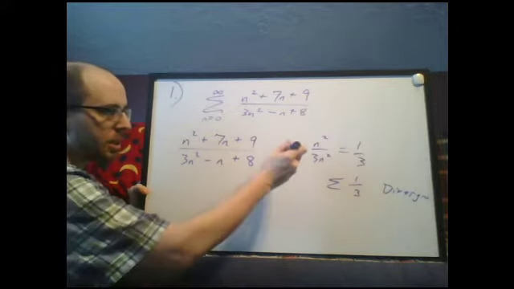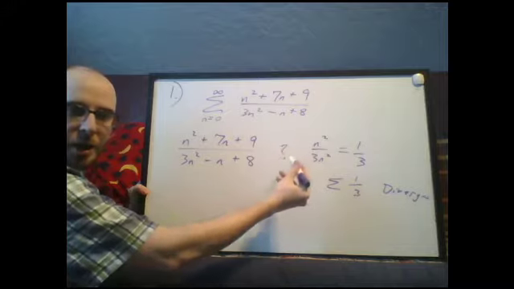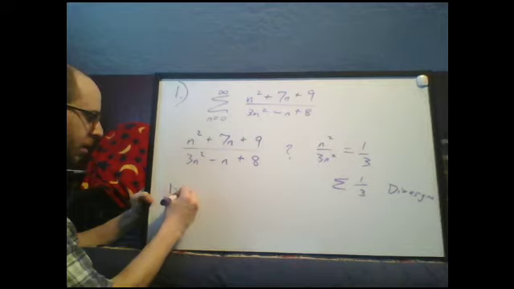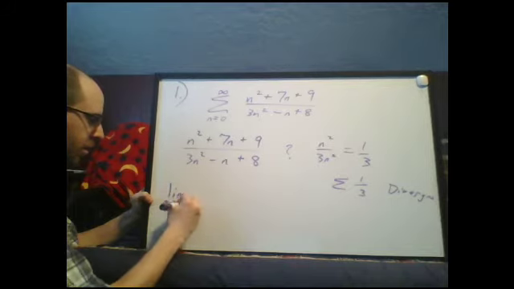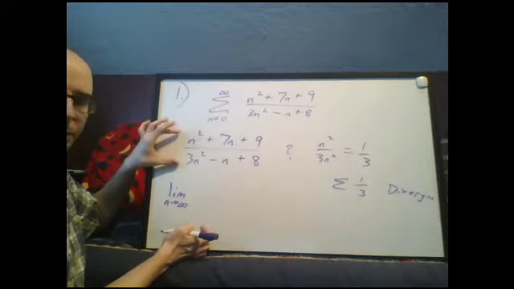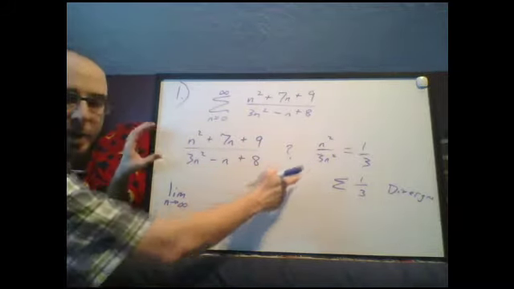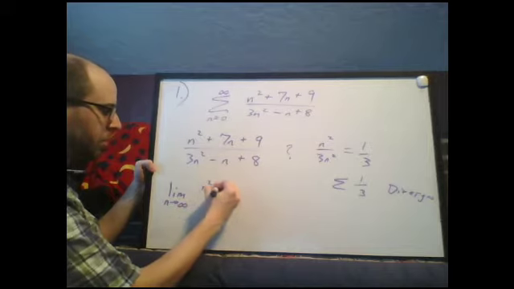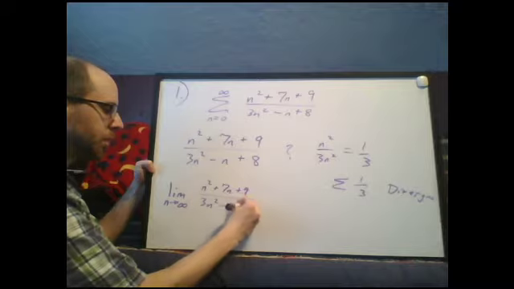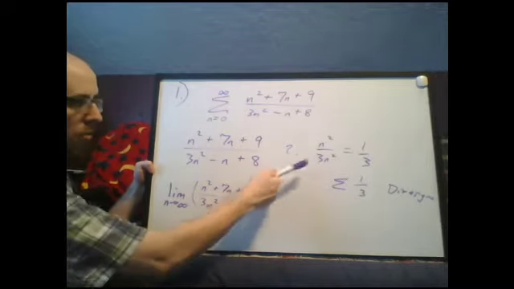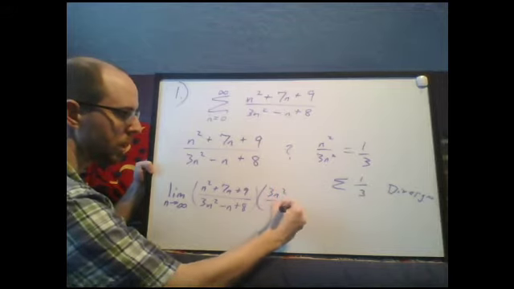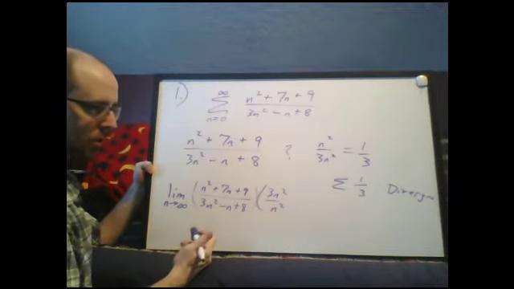If you can't easily come up with a less than or greater than here, then use the limit comparison, and that was the limit of one of our two sequences divided by the other. So n squared plus 7n plus 9 over 3n squared minus n plus 8, then divided by this would be 3n squared over n squared. I guess I could go ahead and cancel the n squareds.